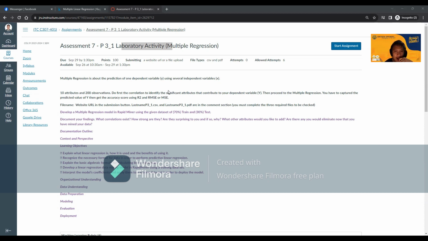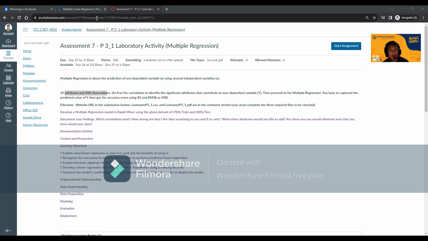Our instruction is to find a new data set comprising at least 10 attributes and 200 observations. The goal was to conduct a correlation analysis to identify significant factors that would contribute to our dependent variable.